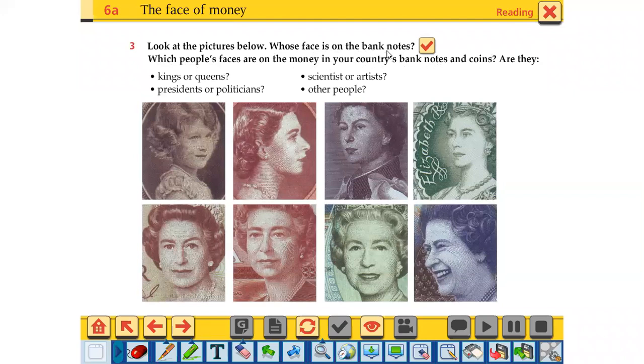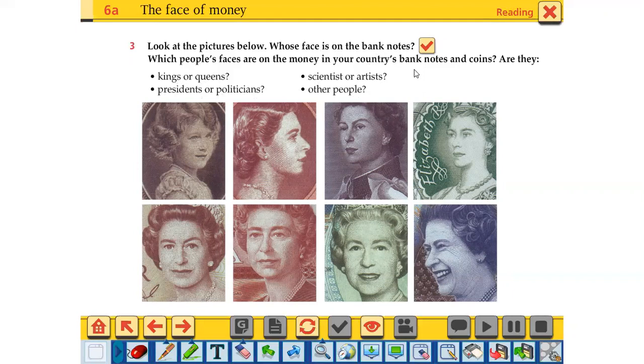What is bank notes? Bank notes is billete. Okay, coins, monedas. Are they kings or queens, presidents or politicians, scientists or artists, other people?